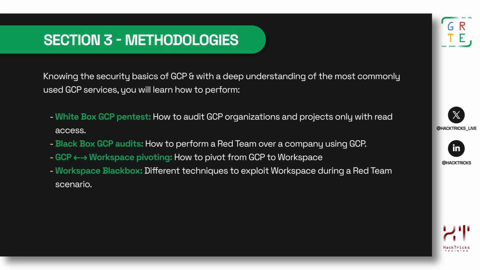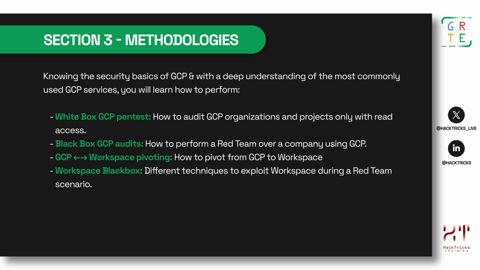Finally, we also have a lesson about Workspace black box. Of course, Workspace is a separate platform from GCP that has its own settings and its own possibilities. So we are going to be talking about potential misconfigurations inside Workspace that could be abused from a red team perspective, and of course, how we can mitigate these potential vulnerabilities.